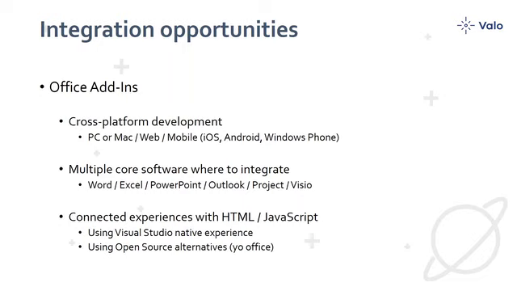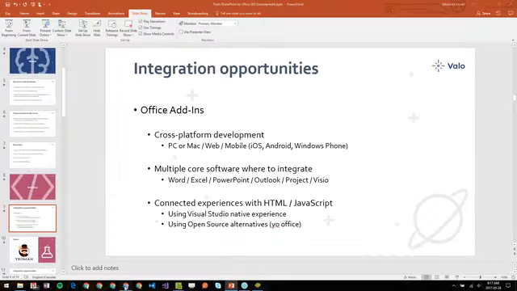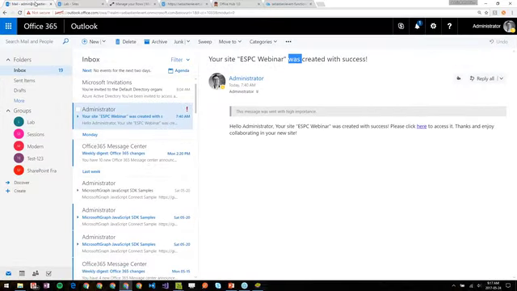So one of the examples I want to show right now is how do we integrate an Office add-in. So what I'll do, I will close that window, and I'll go here. And you see I am currently in Office 365. I'm in the Outlook web client, so the webmail of Outlook. And one of the integration opportunities is to be able to have a companion app when you create or compose a new email.